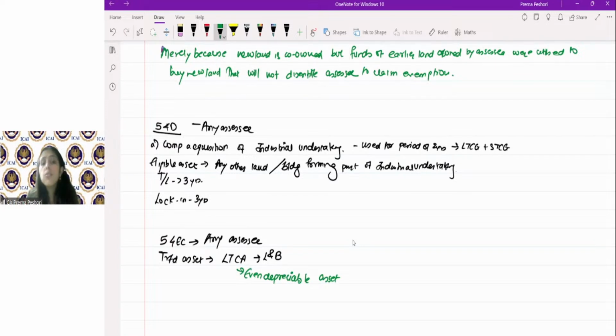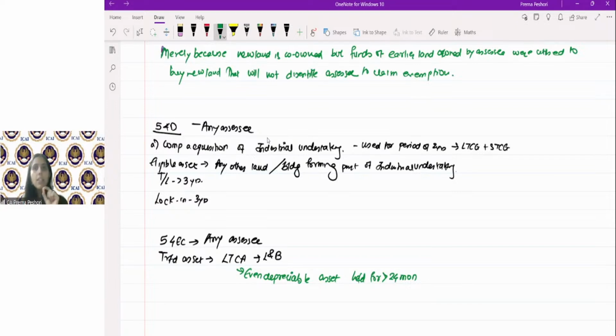Because the words used here are long-term capital asset and not long-term capital gain. So a depreciable asset held for more than 24 months is a long-term capital asset, though by deeming fiction under section 50, the capital gains are considered as short-term capital gains.